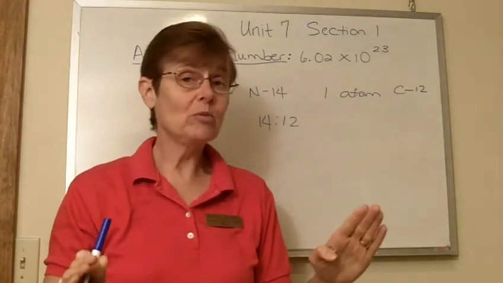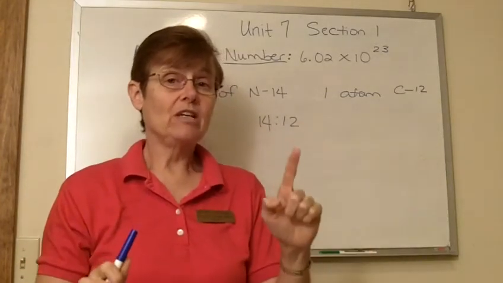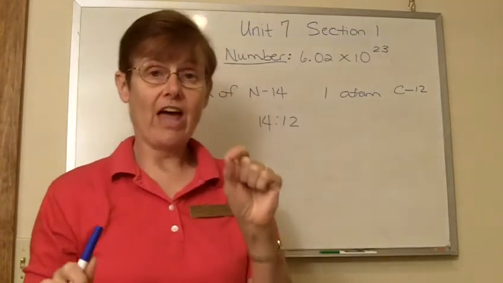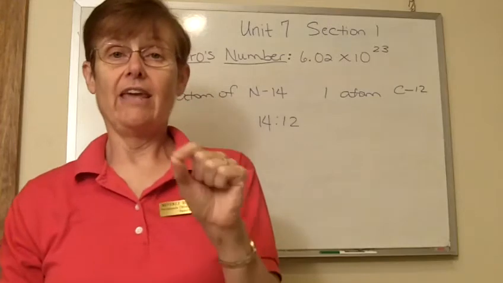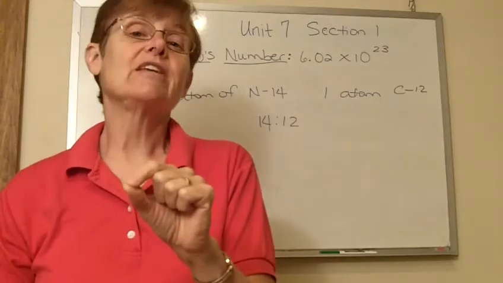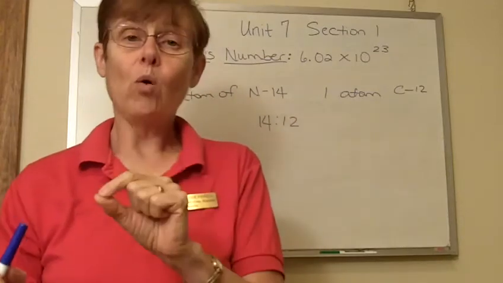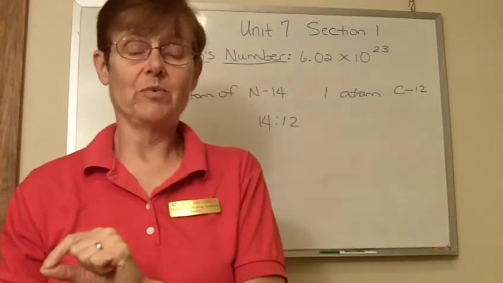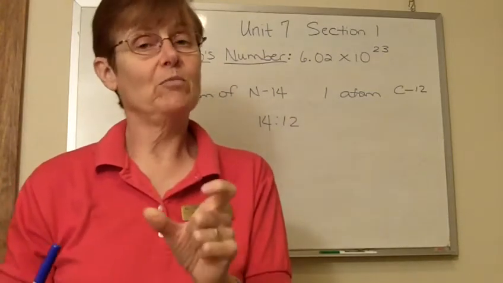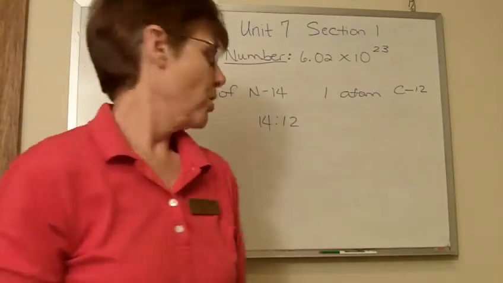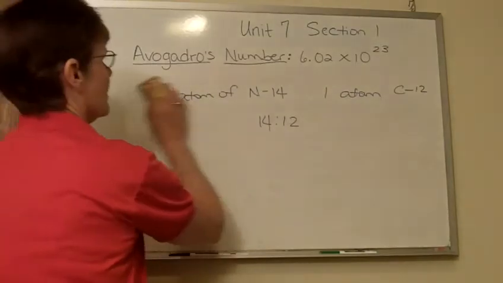We can take any element we want, and we see on there an atomic mass that gives us the mass of that atom in AMUs. And we can say, well then, the mass of 1 mole of those atoms would be that same number in grams. So let's do a couple of examples.